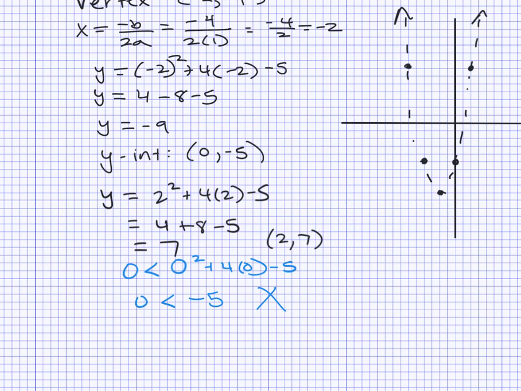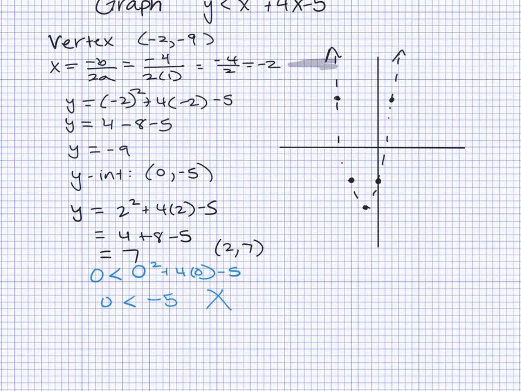So what that means is that 0, 0 is not a part of my solution set. So that means that I do not want to shade anything in between here because 0, 0 is not a true statement. So I'm going to shade the other side. And so I can just go ahead and look at my graph, and I'm just going to shade this whole area outside.